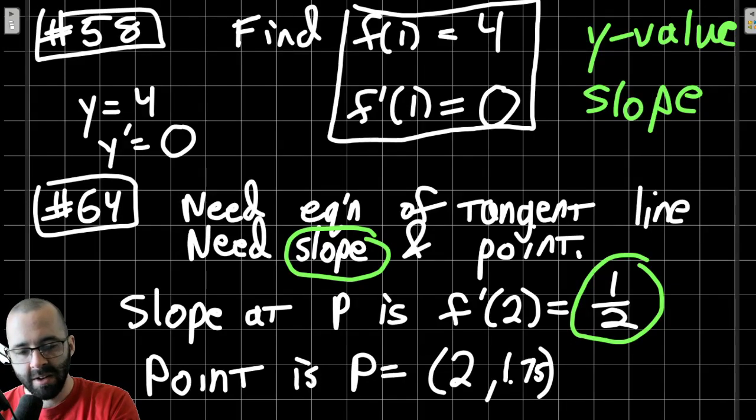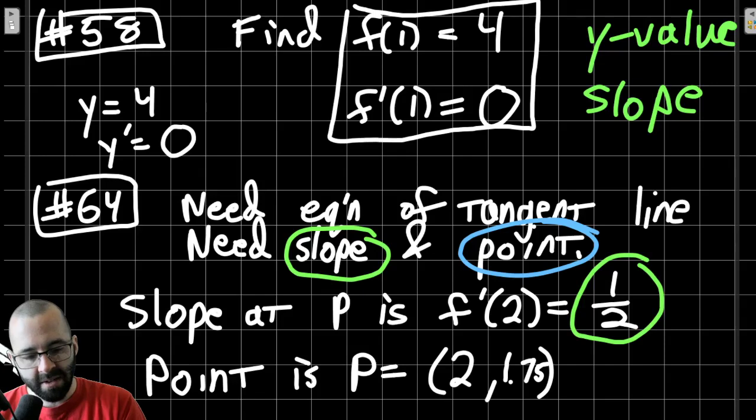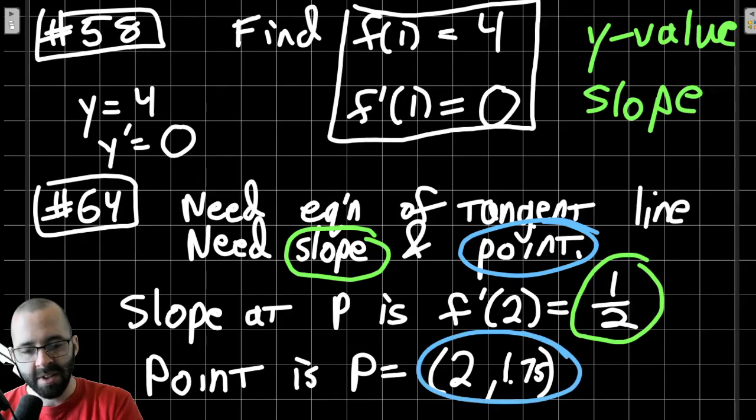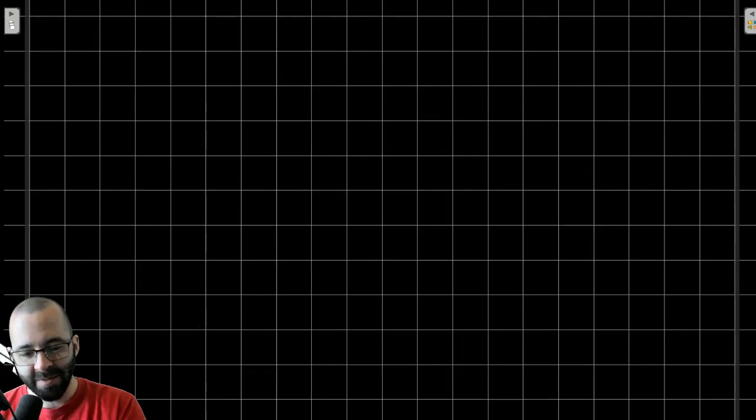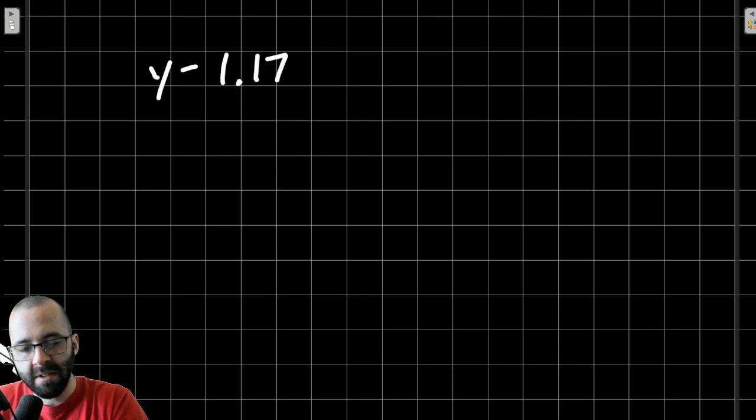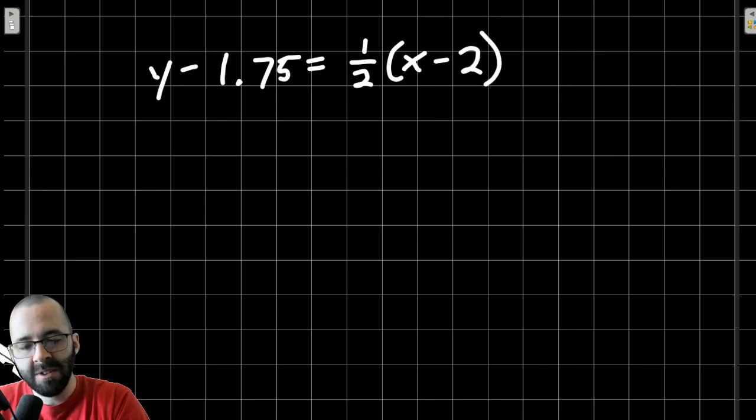And there we go, right? We have a point. We have a slope. Let's use point slope form, and we're already done. I really wish I could fit this on this page, but we'll go to the next one. We get y minus the y coordinate, which is 1.75, is equal to the slope, which we said was 1/2, times x minus the x coordinate, which is 2.